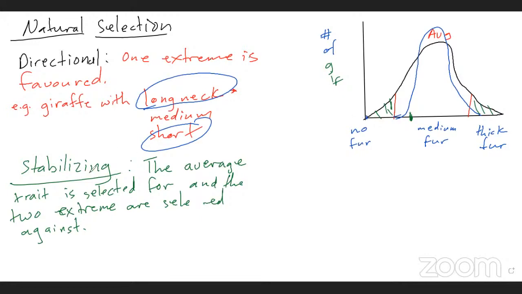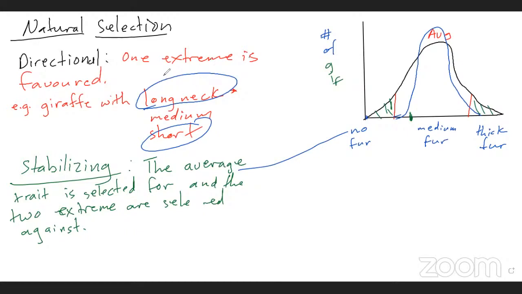So you see stabilization. In any example, once it looks like none of the extremes will survive, that is stabilizing selection. If it seems like something that favors neither having thick fur nor having no fur, that is stabilizing selection.